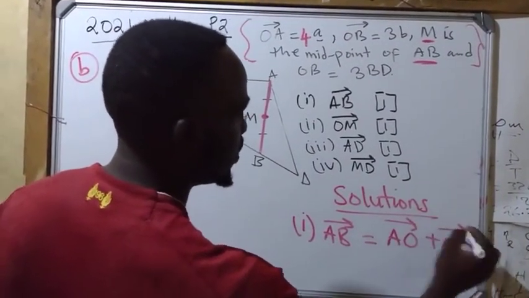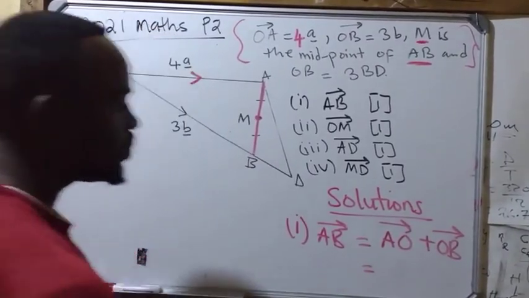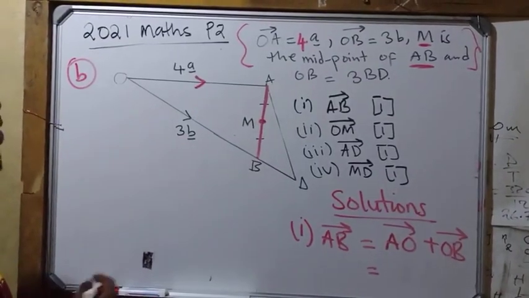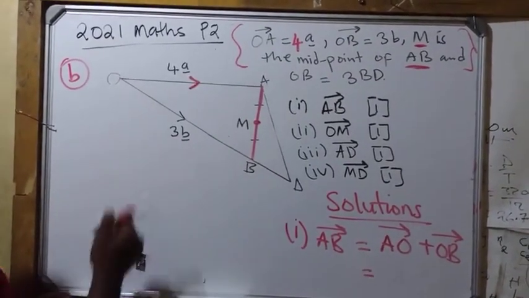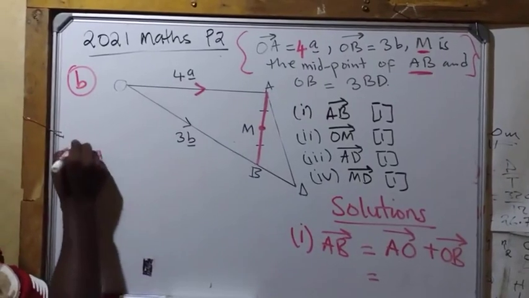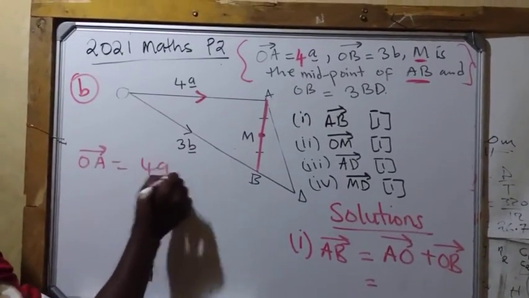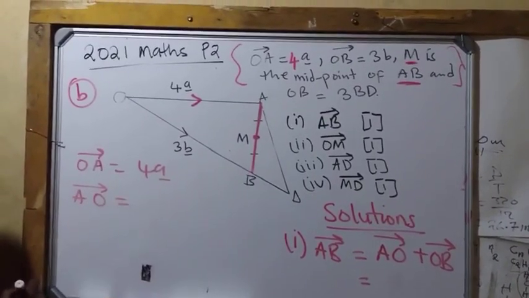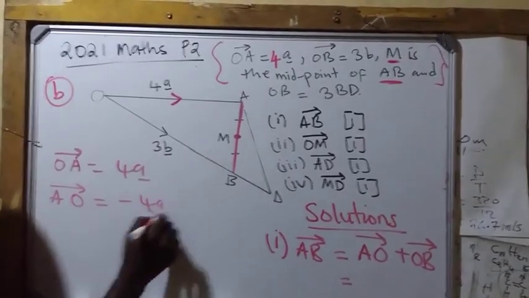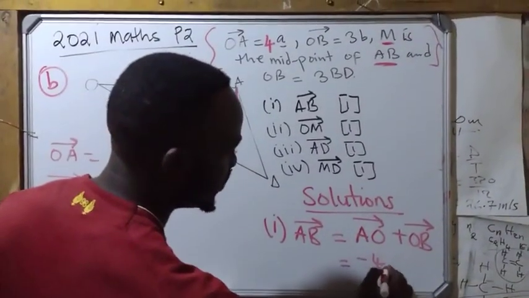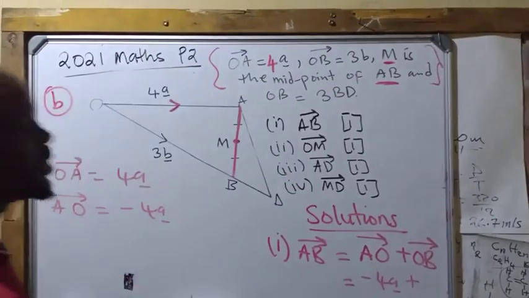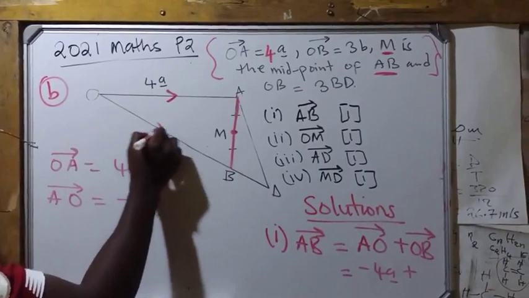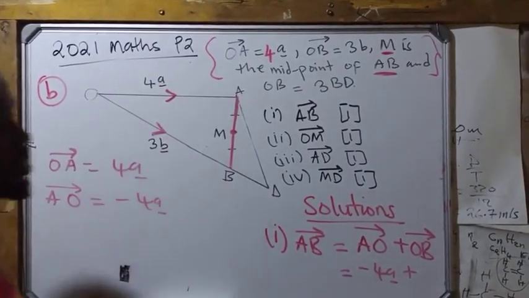Here AO is moving against the direction, so you are going to have a negative vector. Remember, OA is the positive vector 4a. When we say AO is against the direction, it gives you a negative 4a vector, plus OB, which is moving in line with the direction, so we maintain the same 3b vector.